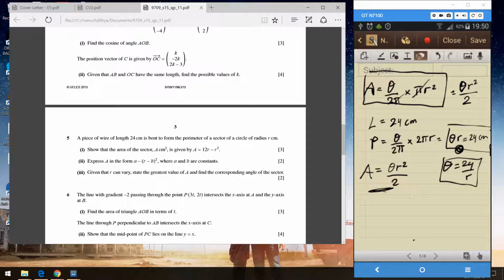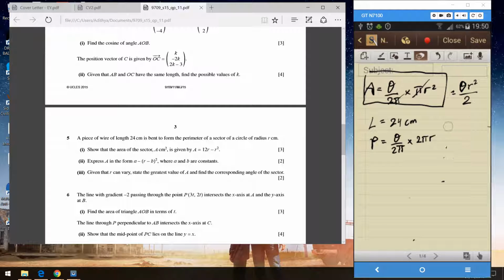So let's go back. The perimeter is not simply this. It is also plus 2r, because this part right here is the first term. That is theta over 2 pi times 2 pi r, and then you have plus r twice, so you get 2r.